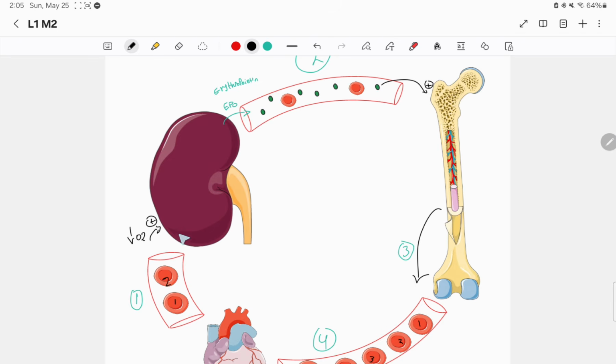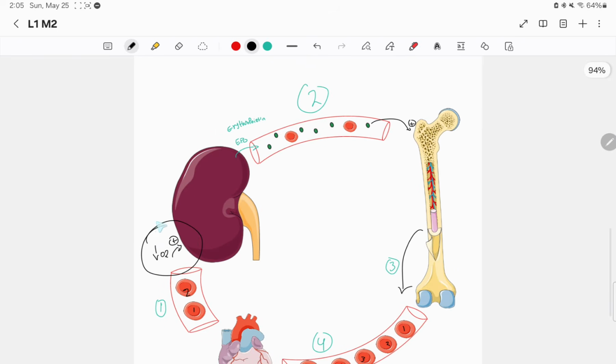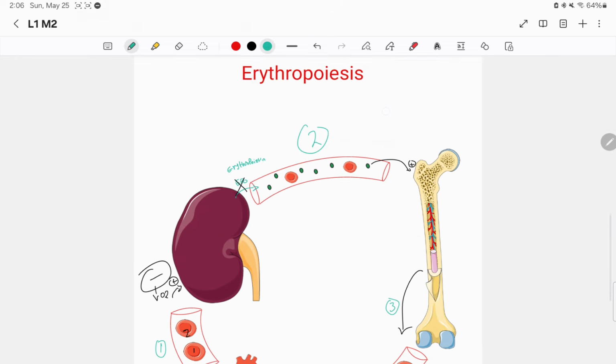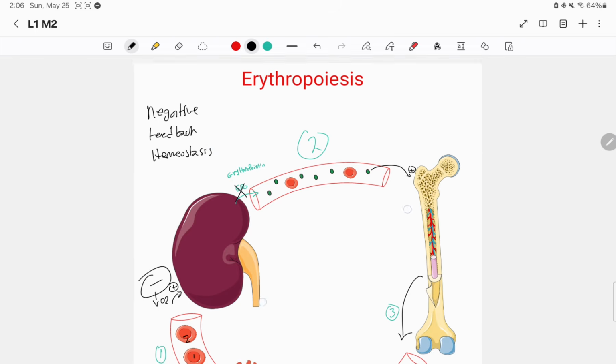The oxygen carrying capacity is back to normal because now we have a lot of those red blood cells, right? And thus, the initial stimulus is going to be inhibited. And these guys will no longer produce erythropoietin, and this cycle stops. This is a classic example of something called a negative feedback loop to maintain homeostasis inside of the body, okay?